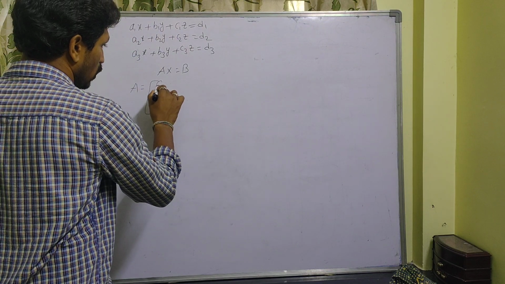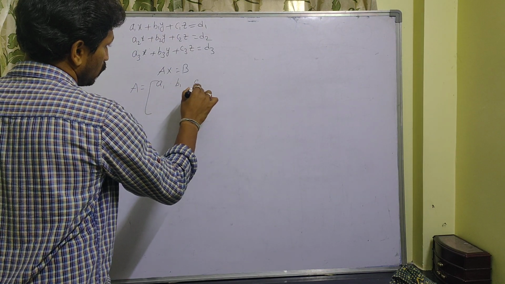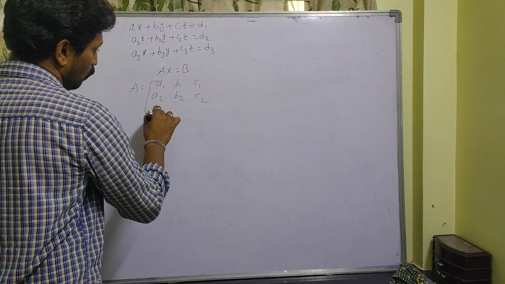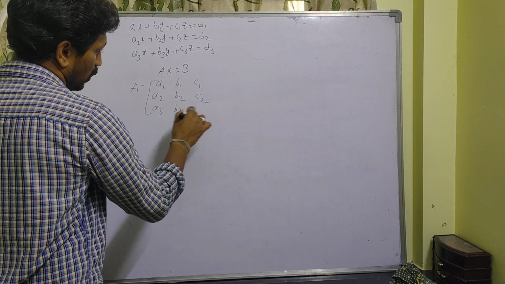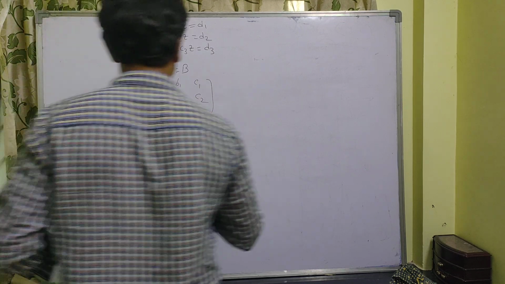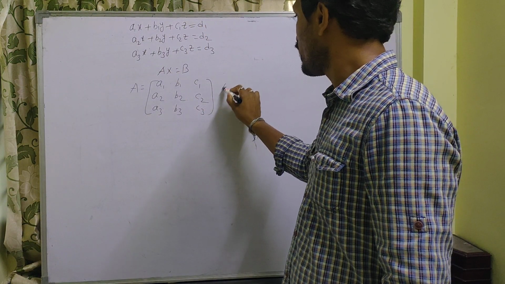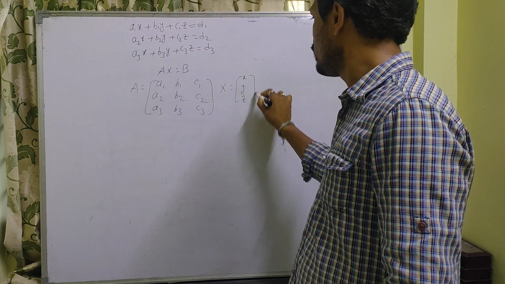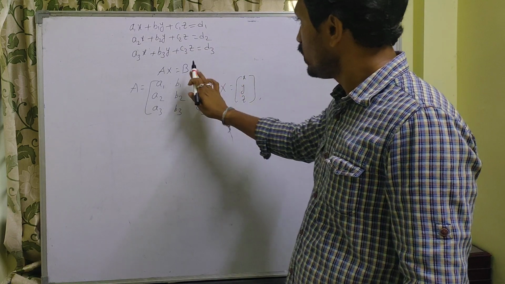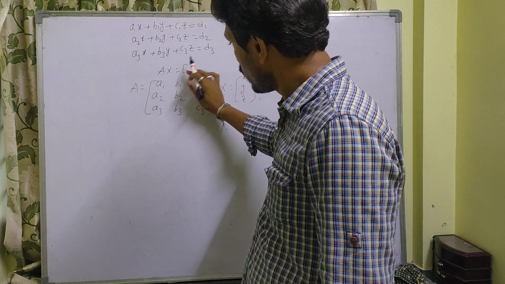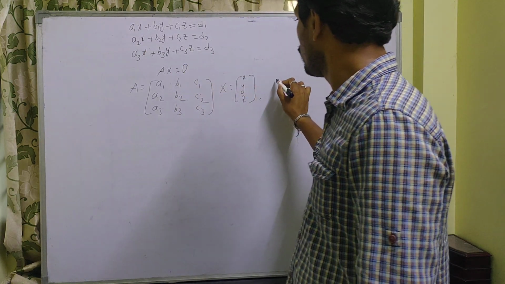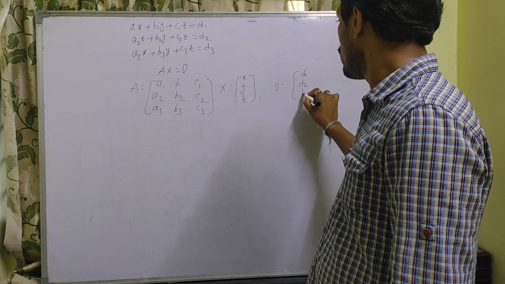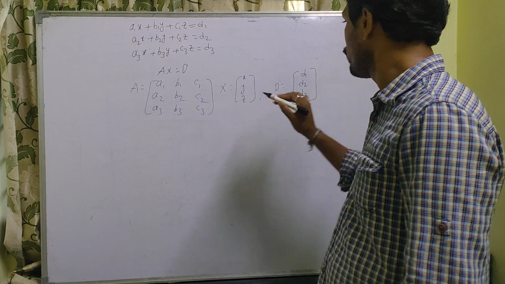How to write this? a1, b1, c1, a2, b2, c2, a3, b3, c3. And the variable matrix X is equal to x, y, z. And let us take, if it is B, you take B, otherwise D means D, no problem. So D is equal to the constant matrix d1, d2, d3. Okay.